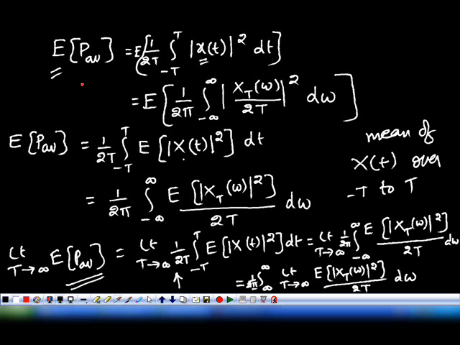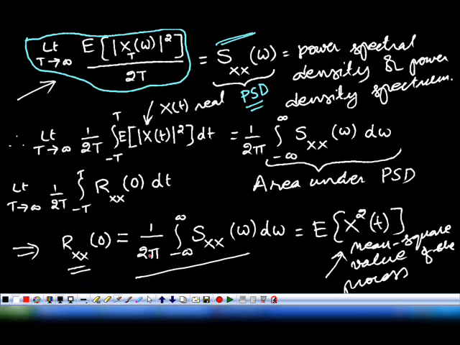Now tell me, what is the unit of the power spectral density? It is watt per Hz or watt per radian per second.